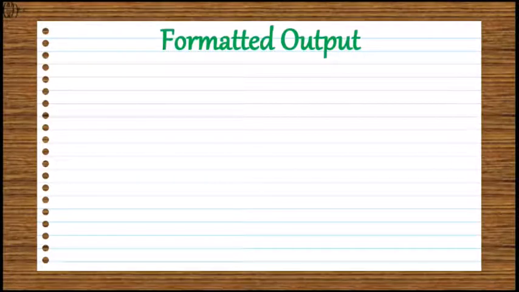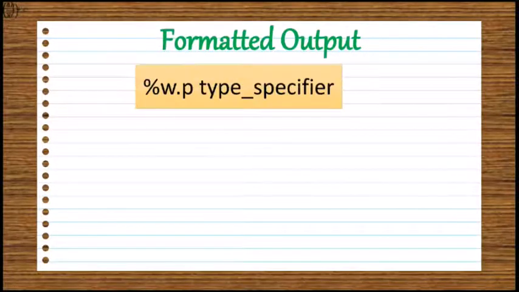A simple format specification has the following form: the percent symbol, then w dot p, and then the type specifier.